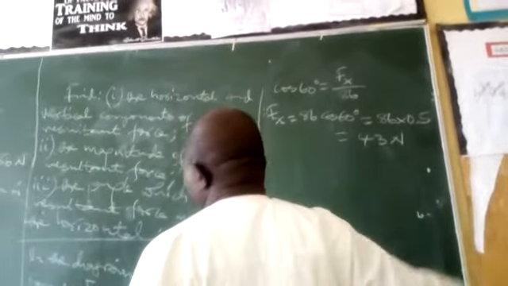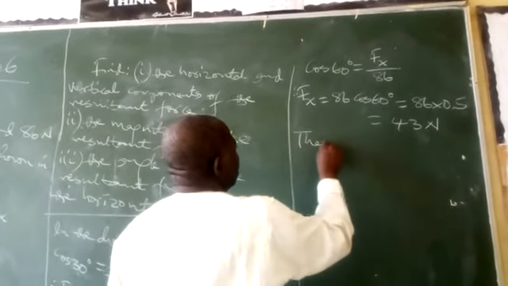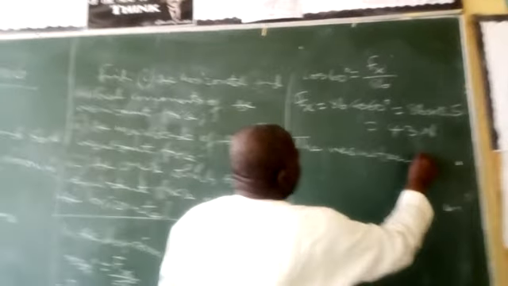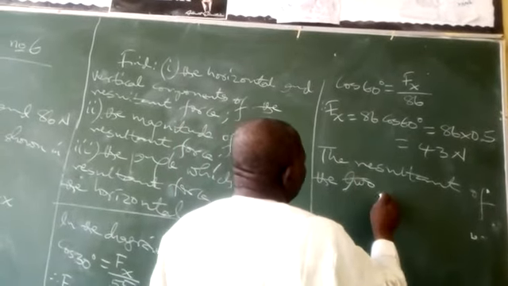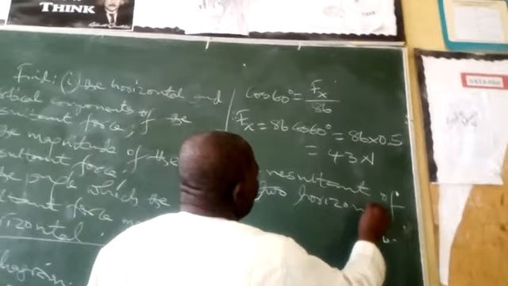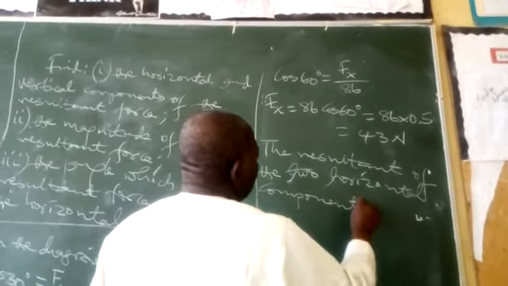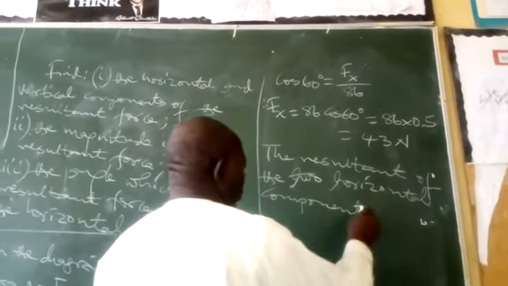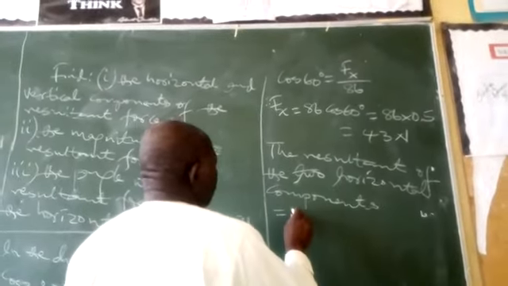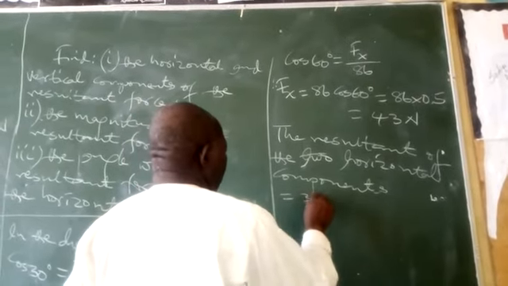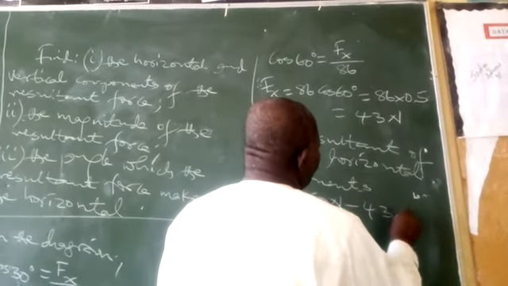Now, the resultant of the two horizontal components is equal to 31.5 Newton minus 43.0 Newton.